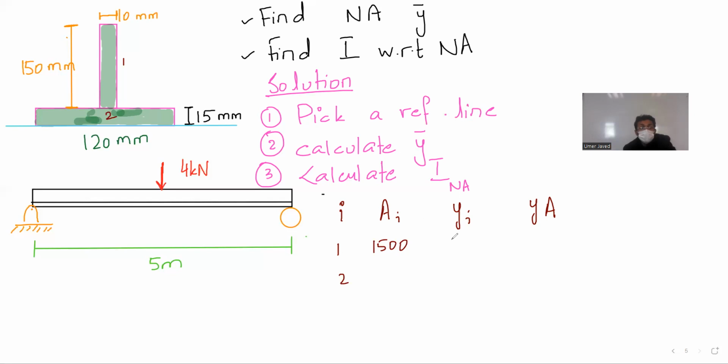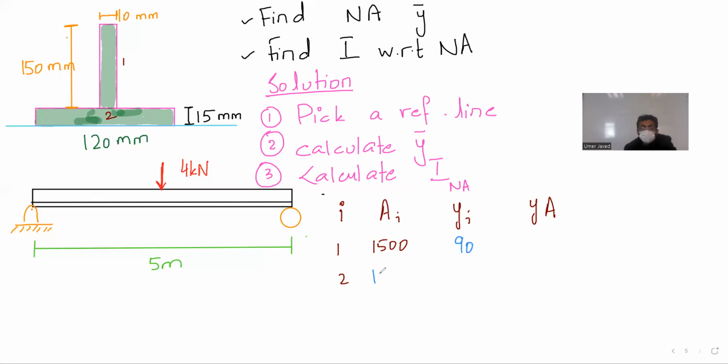what is Yi now? Now Yi, this is my section 1. So it will be 75 plus 15, 90, correct? So I found the centroid of this rectangle. Then I found the distance from my reference line. Okay.